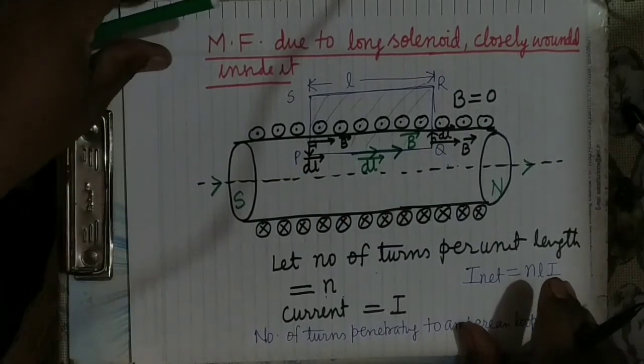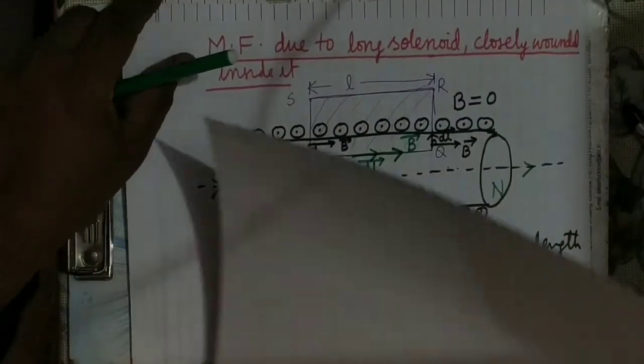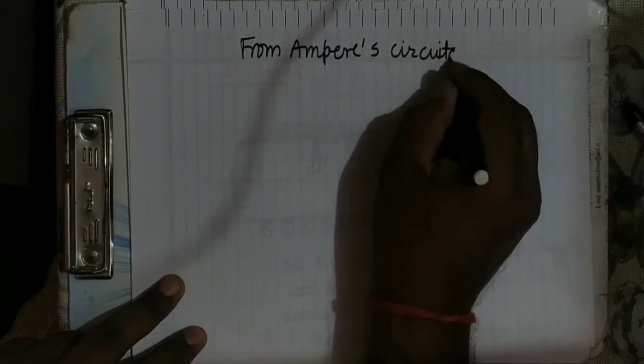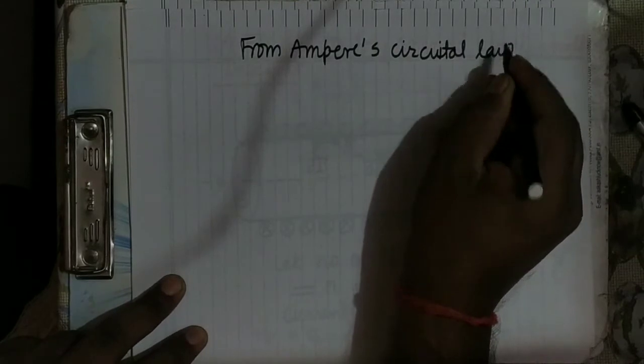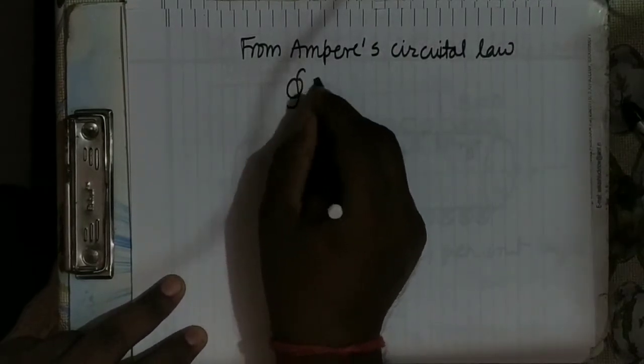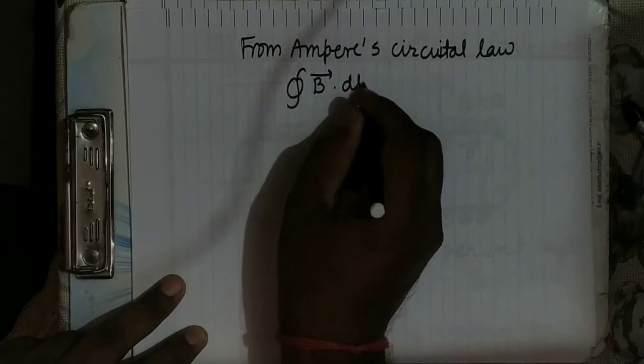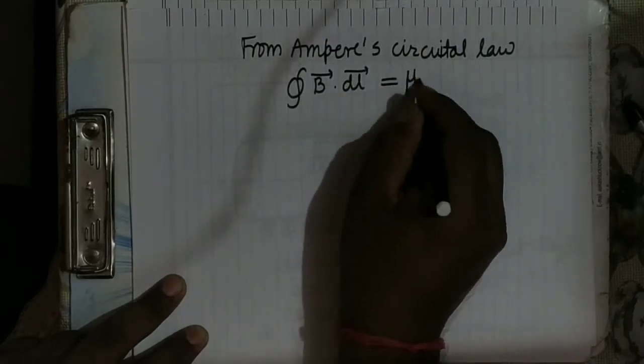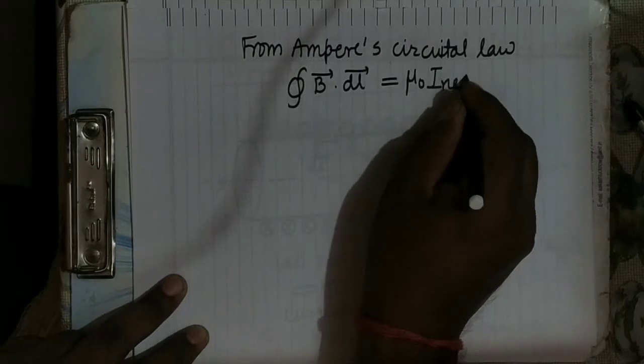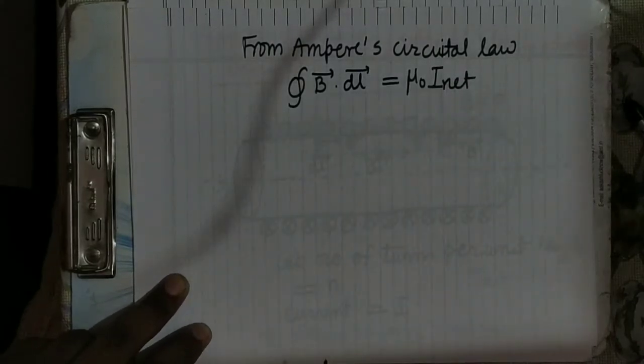So now you can see from Ampere's circuital law: the line integral of the magnetic field over the Amperian loop is equal to mu naught times the net current threading the area enclosed by that loop.